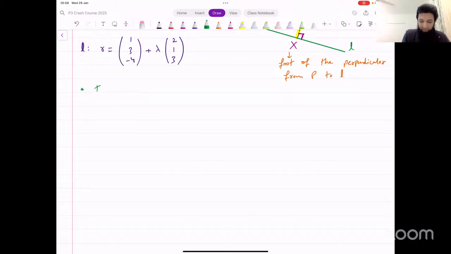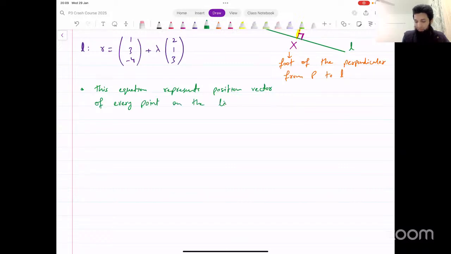This equation represents the position vector of every single point on the line L.